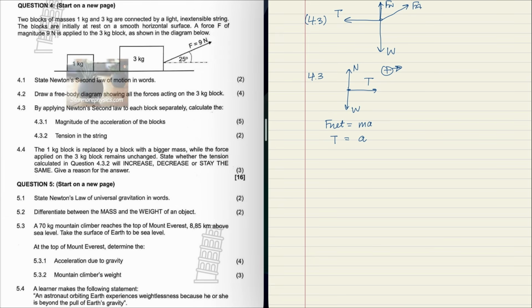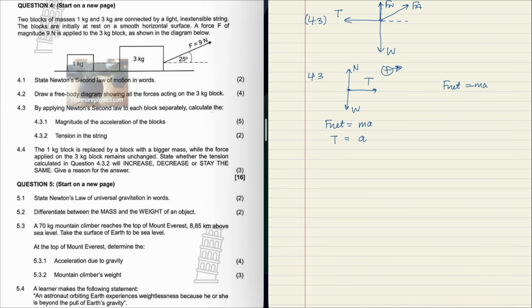Now I'm going to apply F net equals ma to the other block. Because the force applied is acting at an angle, the horizontal force is what we're interested in. So the horizontal is going to be Fx.